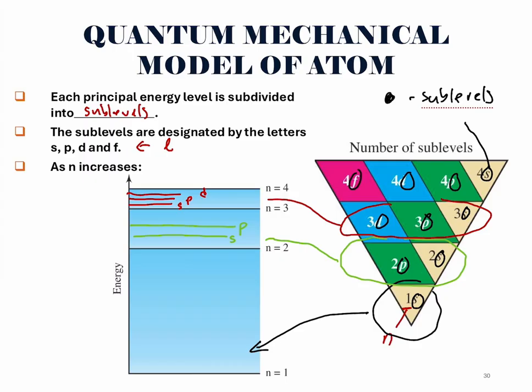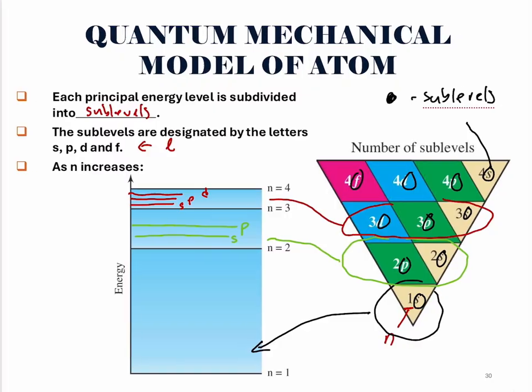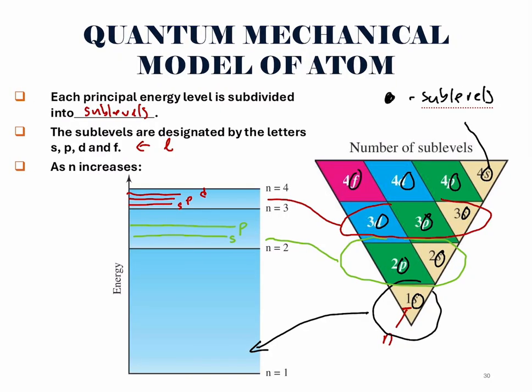And by more fine, it just means that you add more and more sublevels as you increase this n number. And what these things represent is they just represent the shapes of these orbitals.